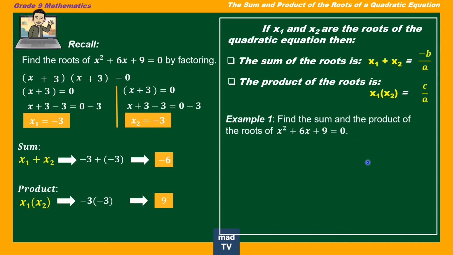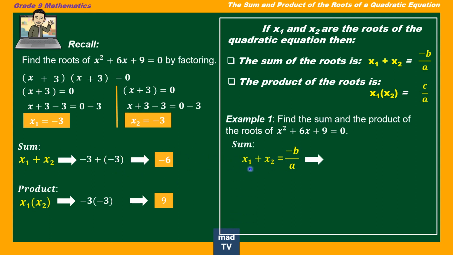Okay? So here is the example. Find the sum and product of the roots x squared plus 6x plus 9 is equal to 0. So, gagamitin natin the same equation. So, titignan natin kung parehas yung makukuha natin dyan.